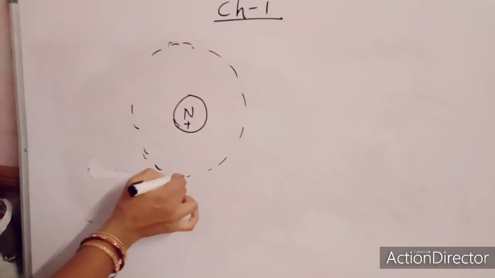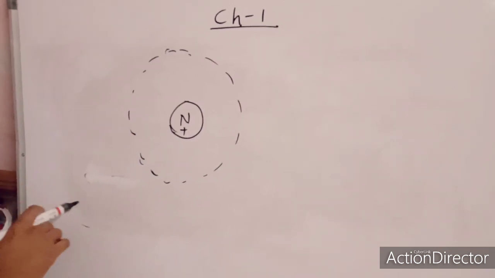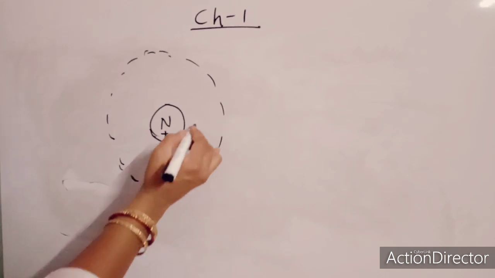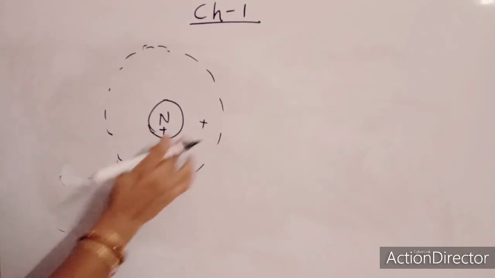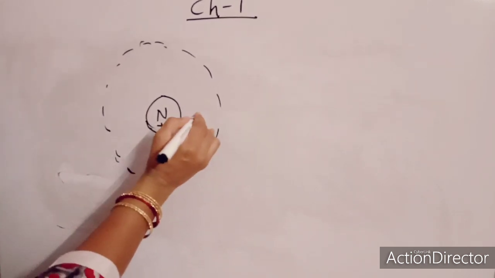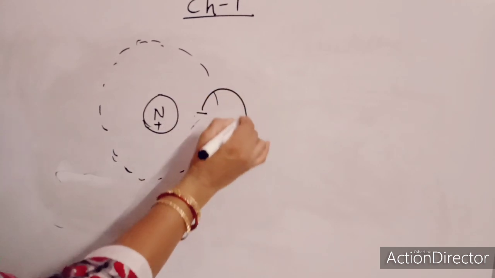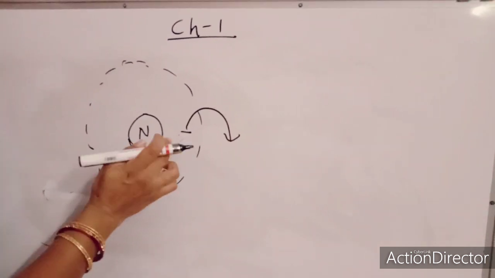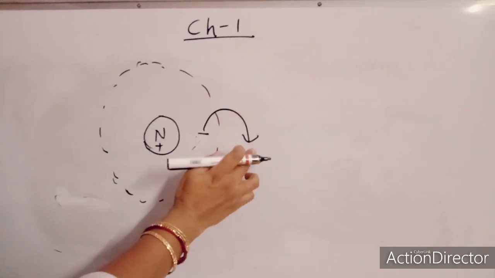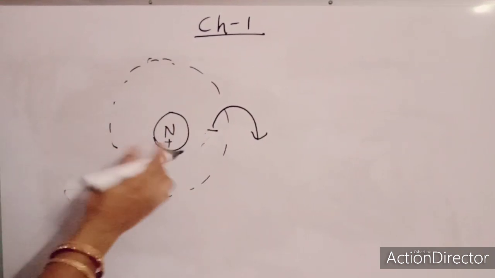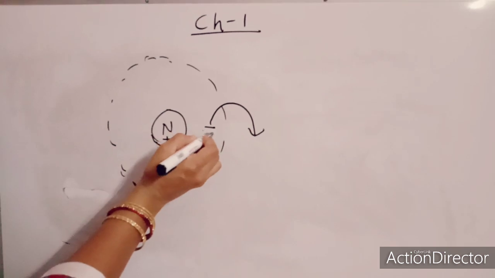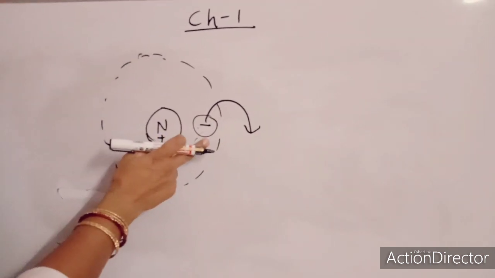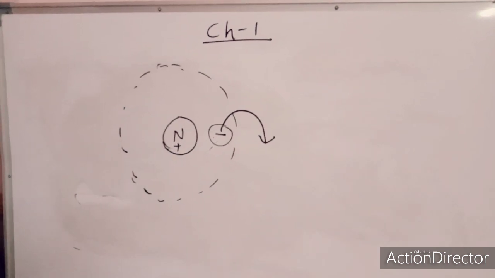According to electrostatic force, which you have already read in physics, when a negative electron comes out from the charge field to the open field, it gains some energy. So for that you have to add some energy to remove this electron. This amount of energy is known as your ionization potential.